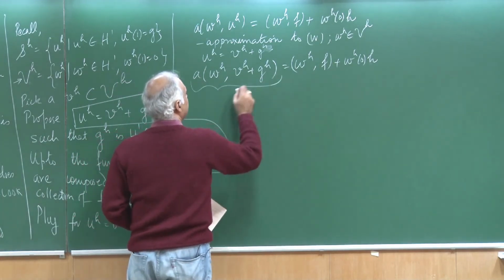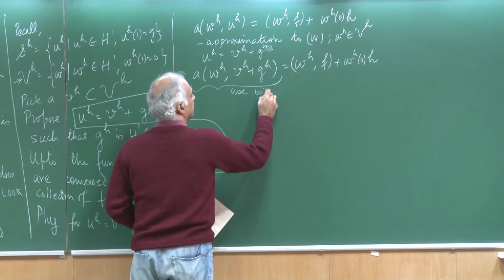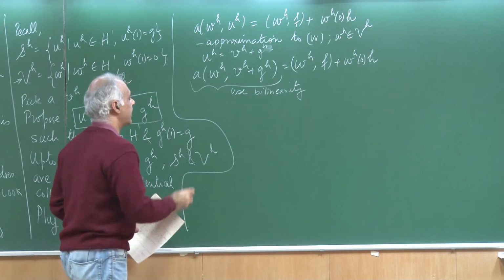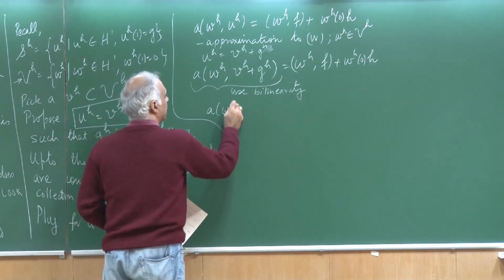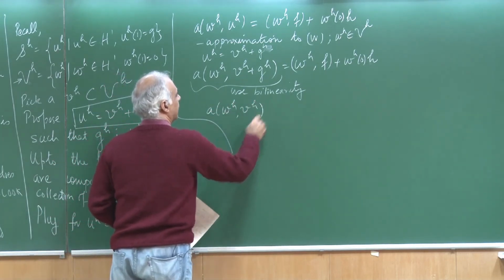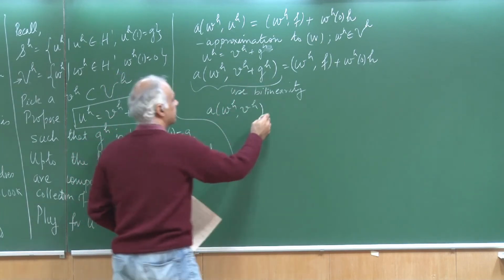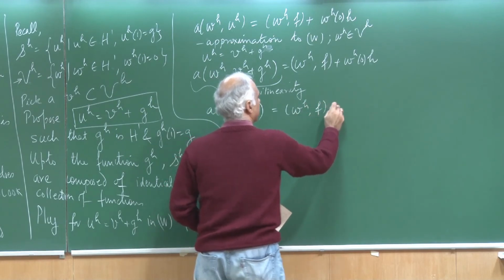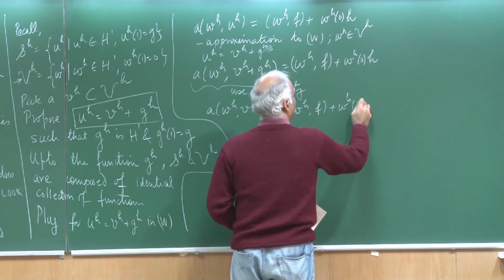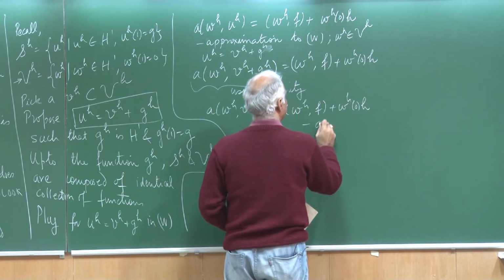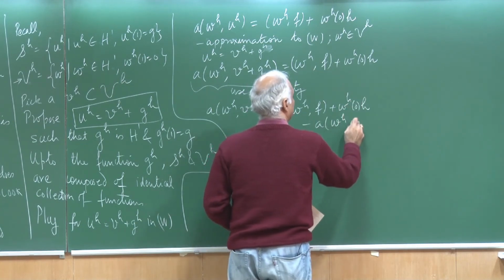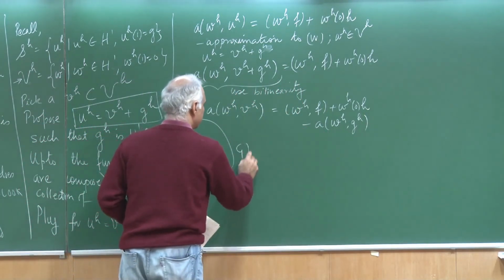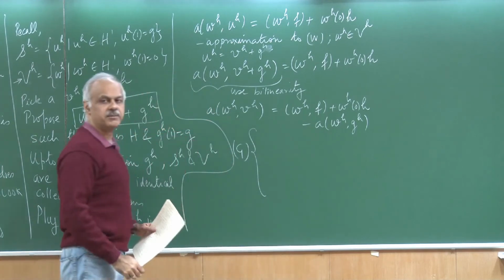Now I will use the bilinearity of the operator. So, I can write this as A of wh comma vh, and I take the other term to the right hand side. So, it therefore becomes minus A of wh comma gh. So, I will now write down the Galerkin form for you, just like I had written the statement of the weak form.